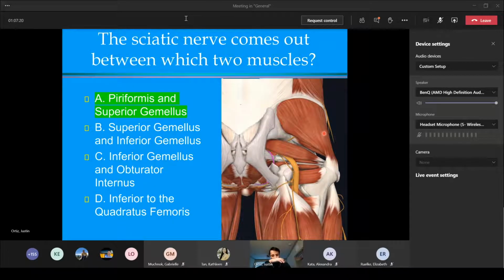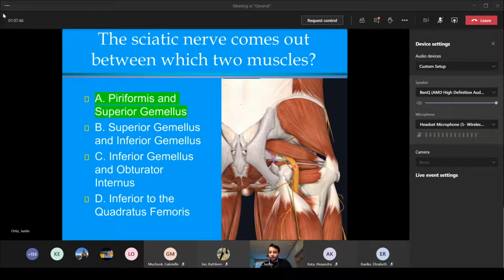The reason why I put this is because I want you guys to understand the order of these muscles. For example, it's fair game to ask which one of these muscles is superior or inferior to each other, because they're arranged in a column straight down. You have your piriformis, which is located right here. Then you have your superior gemellus, which is this little muscle.